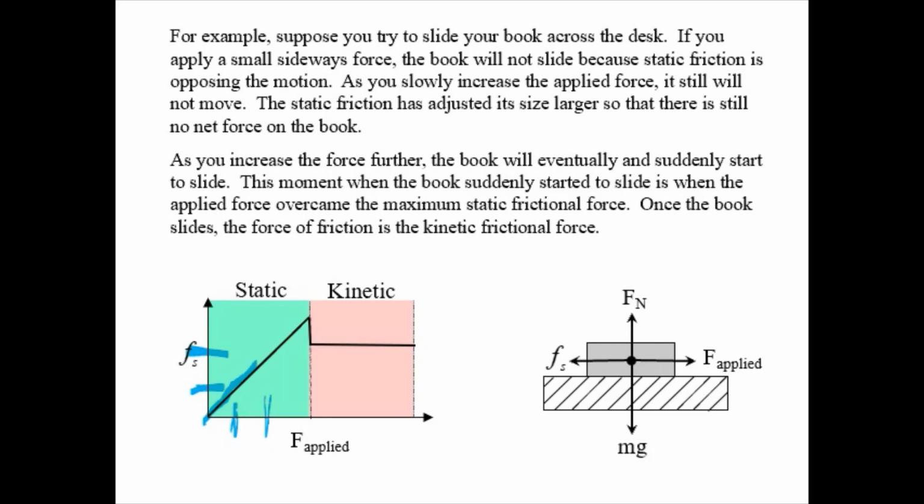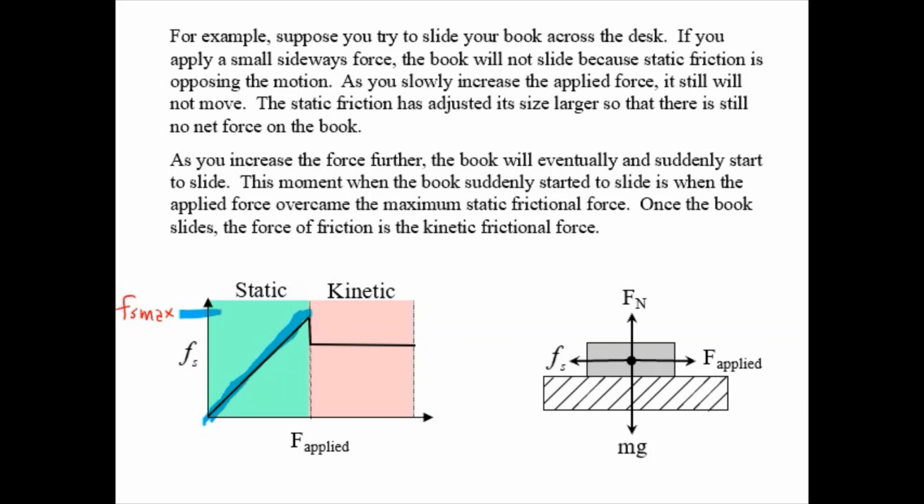And so it stays proportional to me. The static friction adjusts to however hard I'm pushing, until I get to this peak value, F sub s max, right up at the top there.